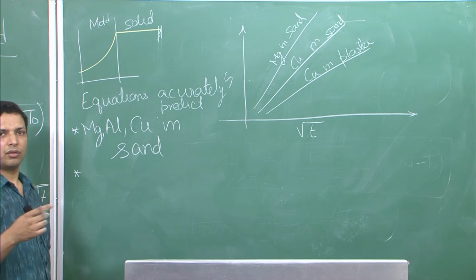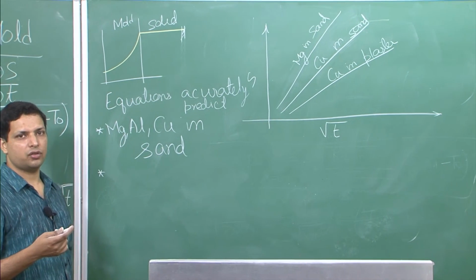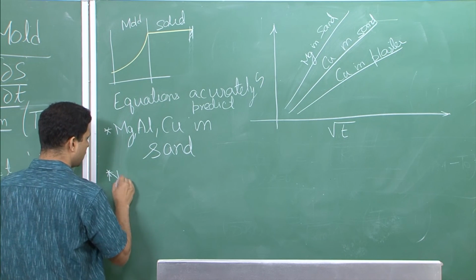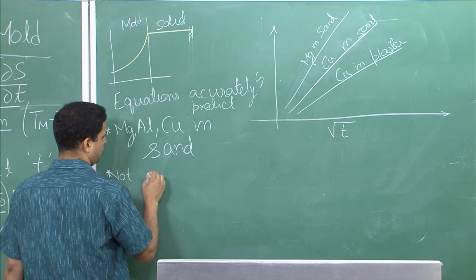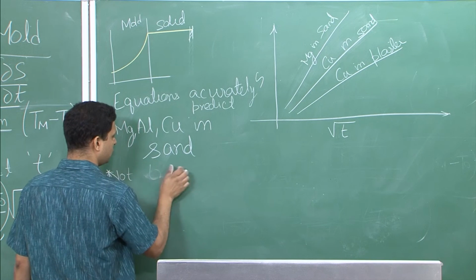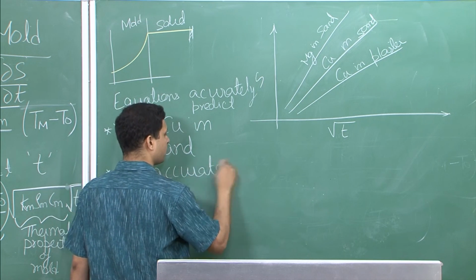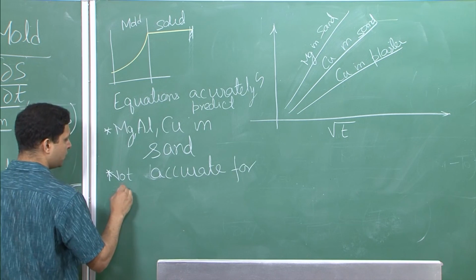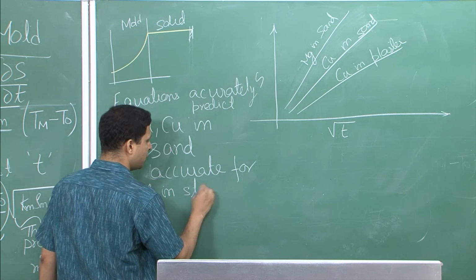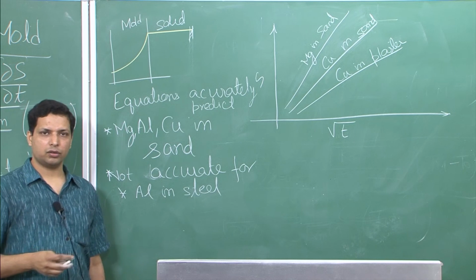So, in that case, the mold material, which is the steel, will not act like an insulating condition, and therefore this equation is not true or not accurate for combinations like aluminum in steel, because steel is not very different in conductivity.